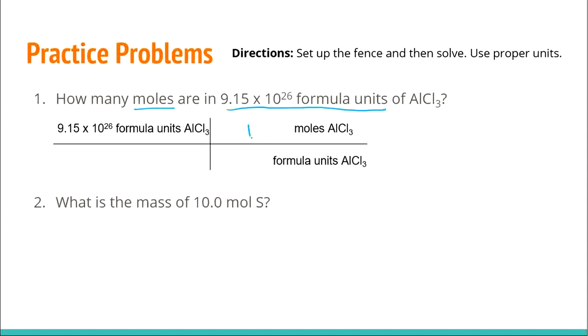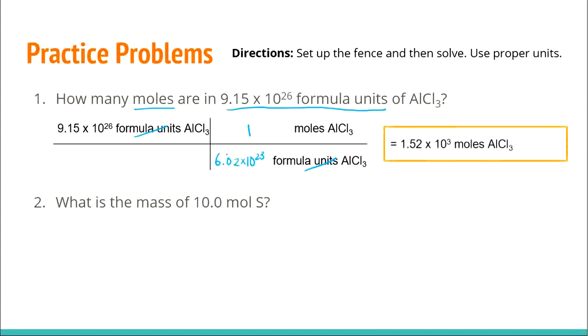So 1 goes next to the unit mole, and 6.02 times 10 to the 23 goes next to the unit formula unit. This way, our diagonal units cancel out, and you multiply across and divide by whatever's on the bottom, and you get an answer of 1.52 times 10 to the 3.